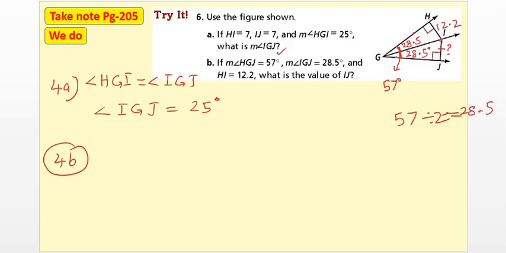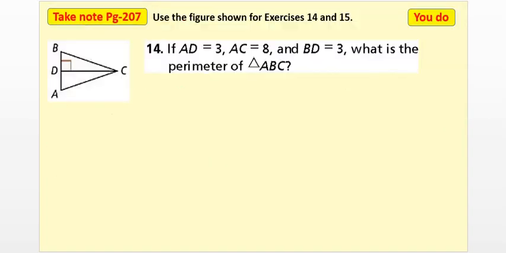So if this point is lying on the angle bisector, then it will be equidistant from both the sides. So we can say that IJ will have the same measurement like HI. So it will become equal to HI, and that will be 12.2 units. Clear?